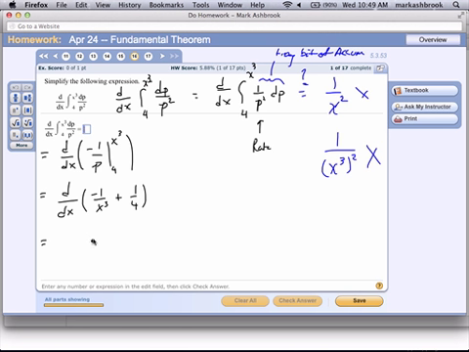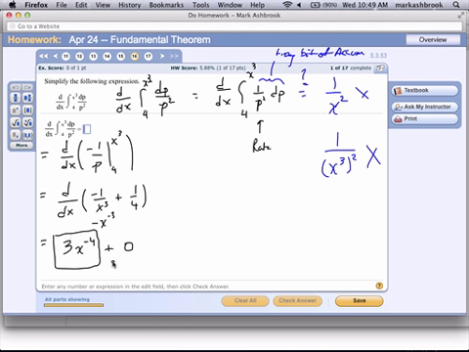Corey. Change it to this first: 3x to the negative 4th. And then the derivative of 1/4 is 0.